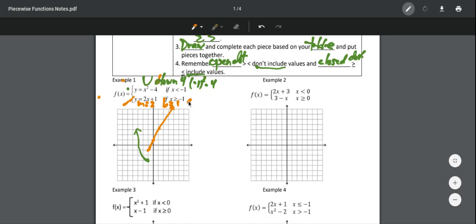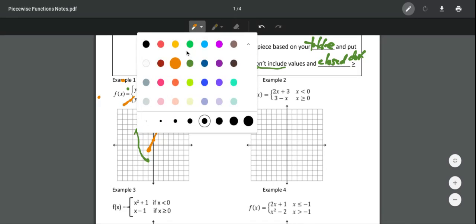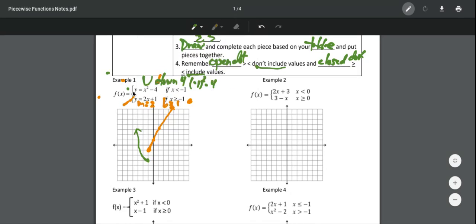So this equal sign means closed dot here, and this greater than means open dot here. So this should have an open circle here. And so this would be our graph.